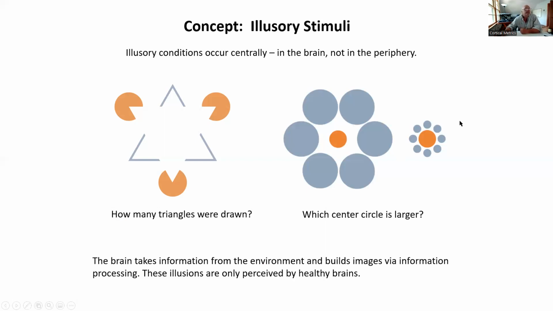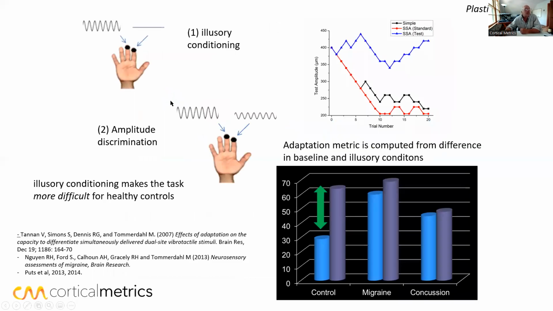So let's see how we do it. Remember the amplitude discrimination test, where the question is which of these two is larger. How could we change the percept, or create an illusory condition?